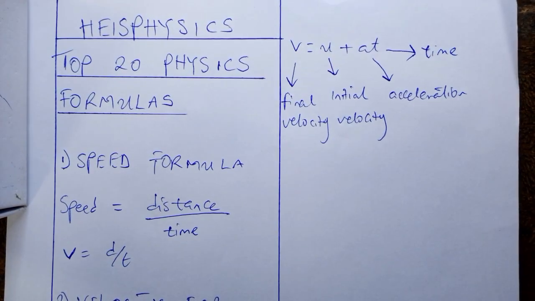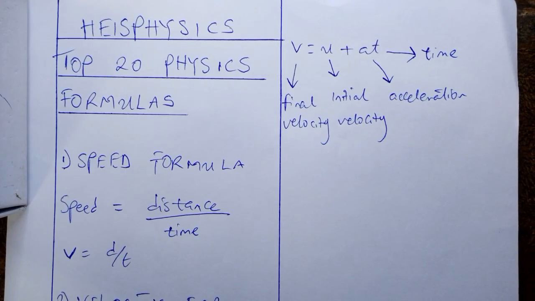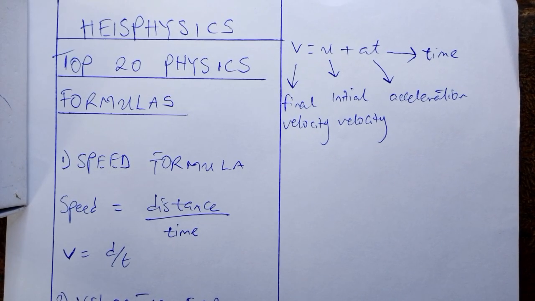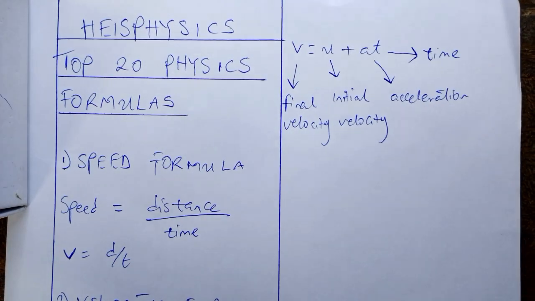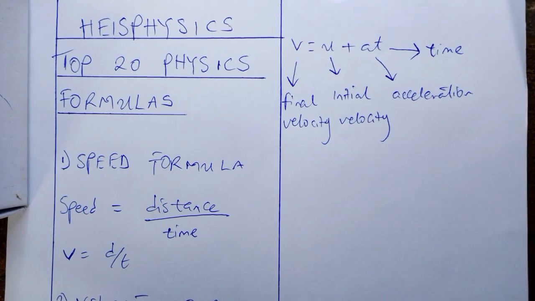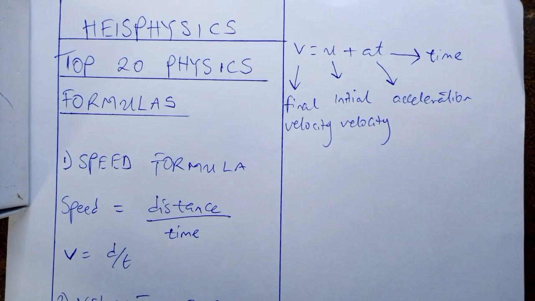This is the first equation of motion. This formula helps you to find the final velocity, which is our V. It's a very, very important formula in physics.